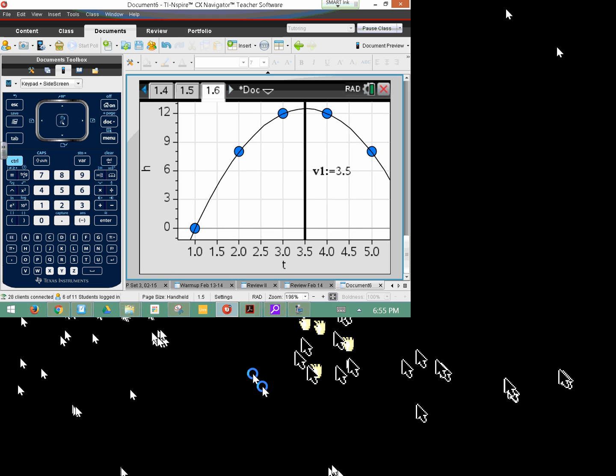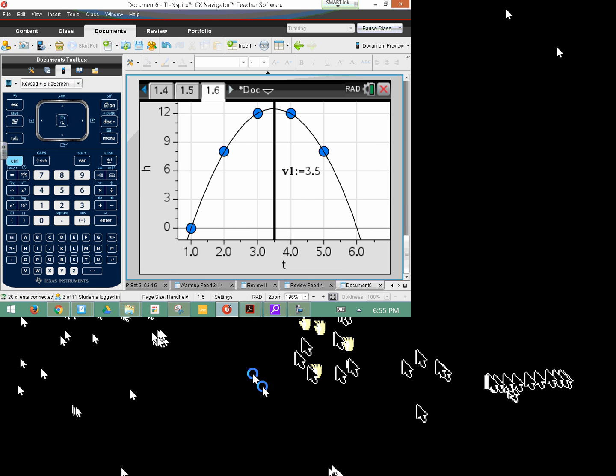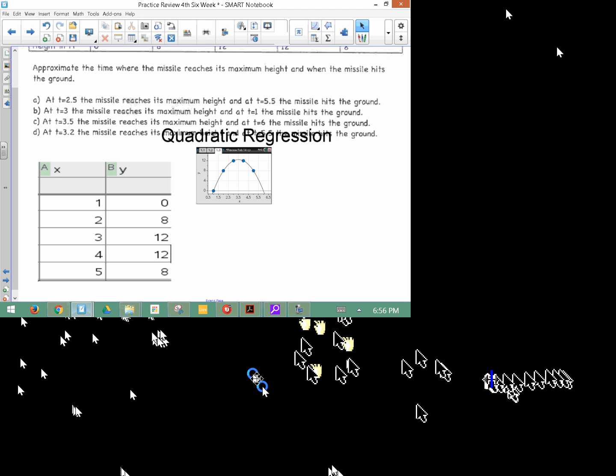And you see how I grabbed that 5.0 and moved it, I can see that it hits the ground just after 6 seconds. So that points very clearly to choice C. Choice C says that at T equals 3.5, the missile reaches its maximum height, and at T equals 6, the missile hits the ground. That's exactly what our graph shows.